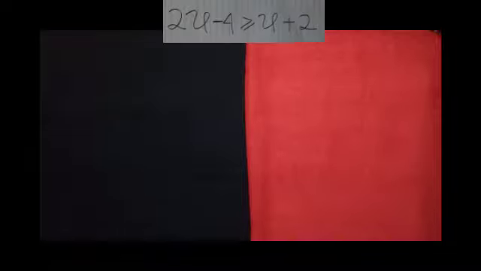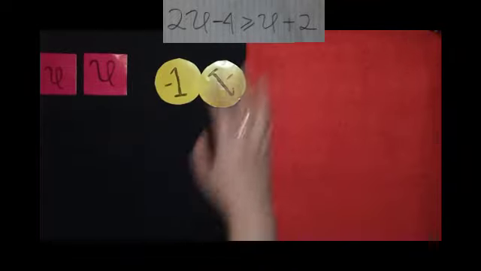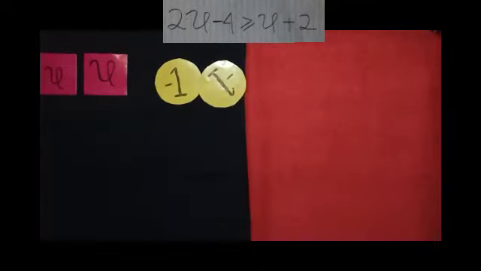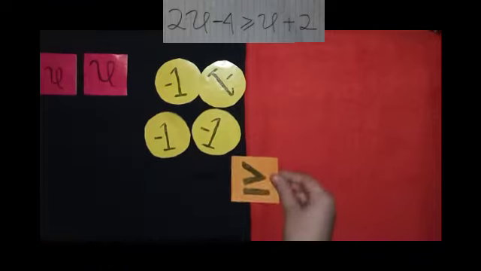Second, 2x minus 4 bigger than or equal to x plus 2. Steps to solve it. First, place 2x pink squares and 4 yellow circle minus 1s on the blackboard and connect it by an inequality sign placed in the middle between the black and red boards.